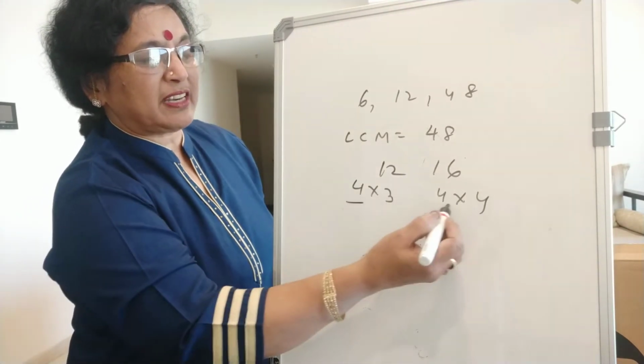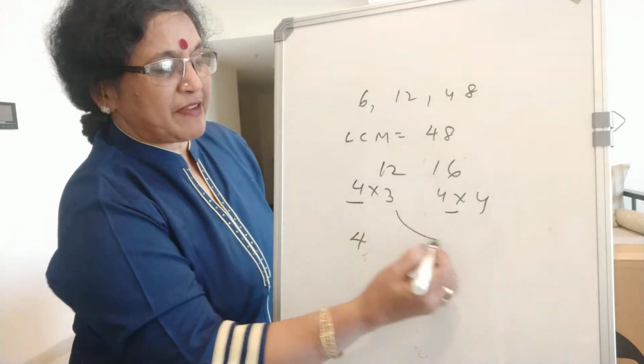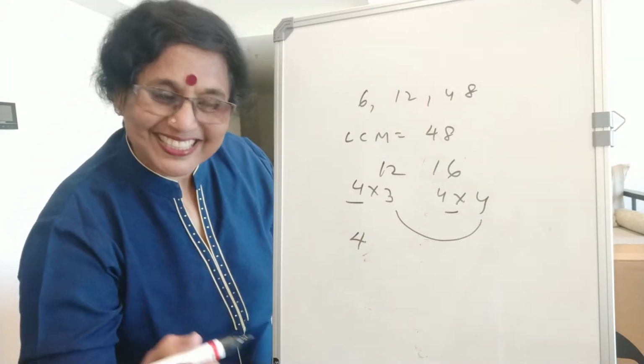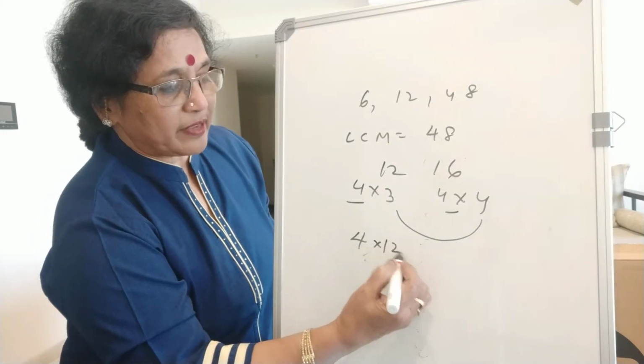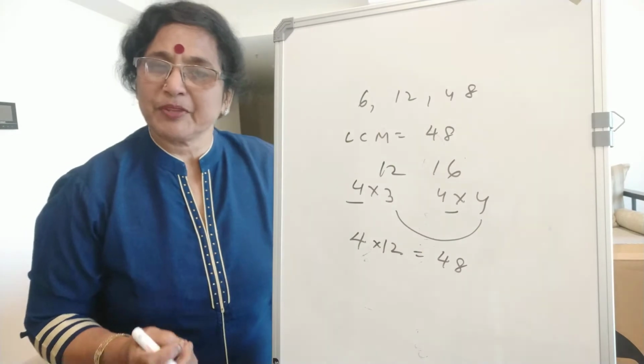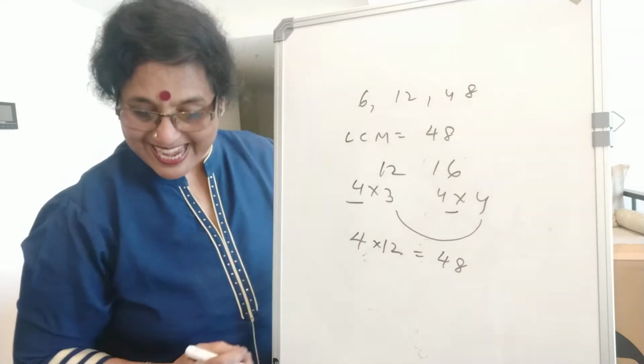The common factor is 4, so copy that 4. Remaining factors are 3 and 4, and the LCM of 3 and 4 is 12. So multiply these two, that gives 48. So the LCM of 12 and 16 is 48.